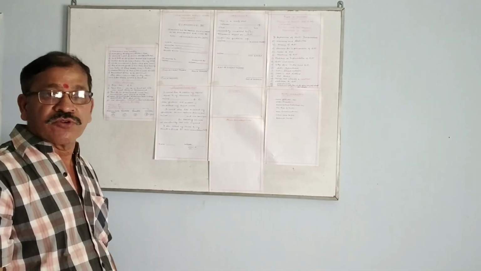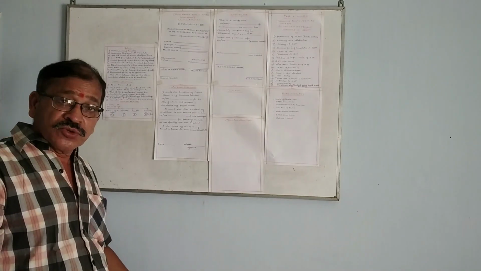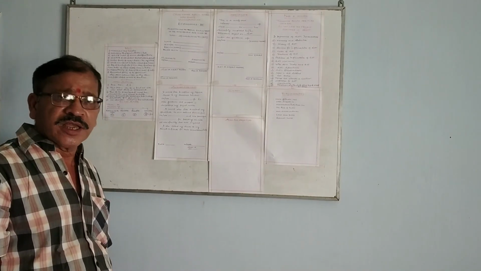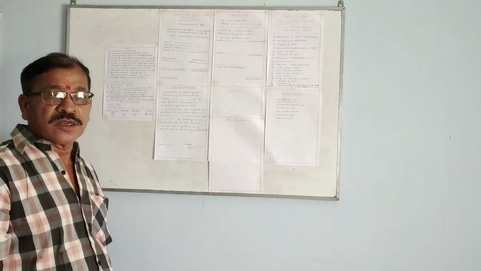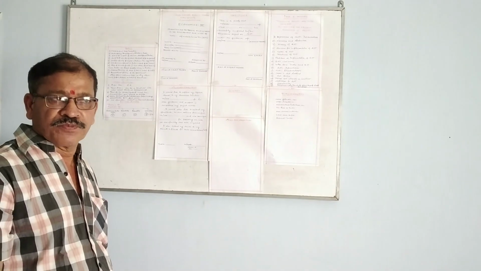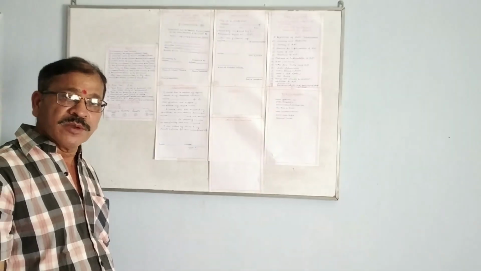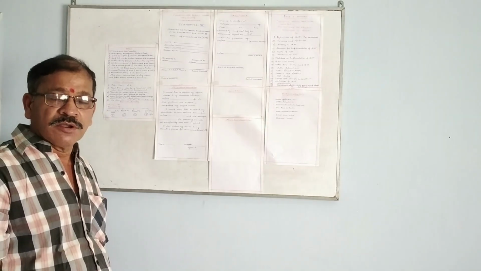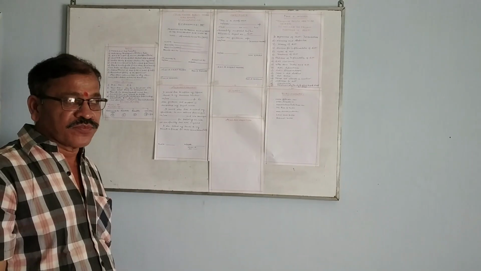So total 20 marks. So while choosing the topic, you should be very careful. You should choose a topic in which you are very comfortable. When you are comfortable with your chosen topic, obviously you will be able to answer the questions asked by the examiner.